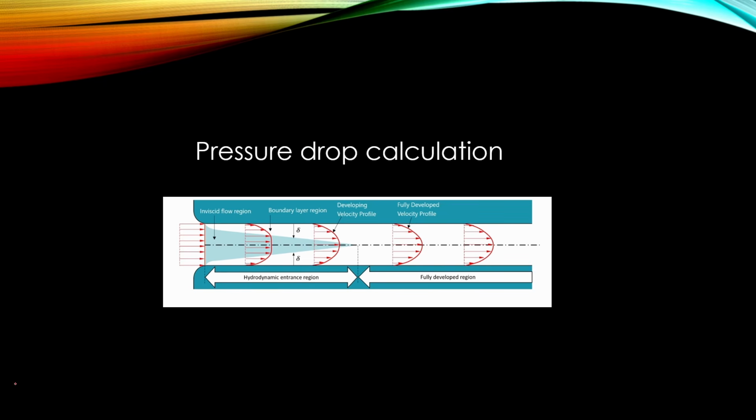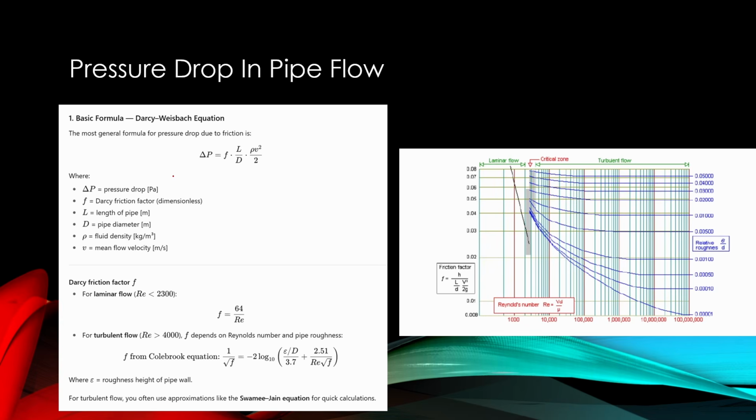Many times you need to calculate the pressure drop in a pipe flow, and here is a simple function how you can calculate that pressure drop. It has this friction factor, pipe length, pipe diameter, fluid density, and the mean velocity of fluid.